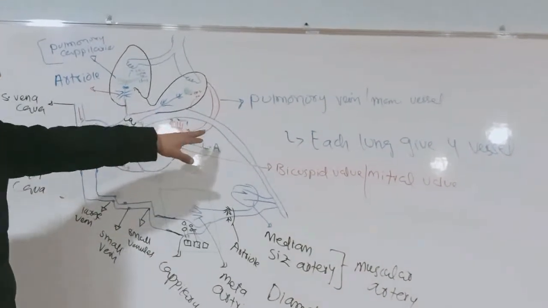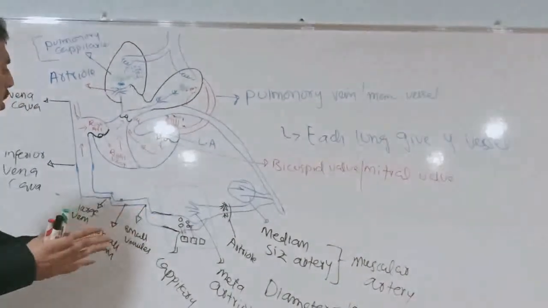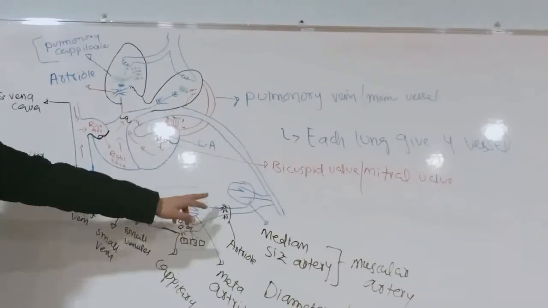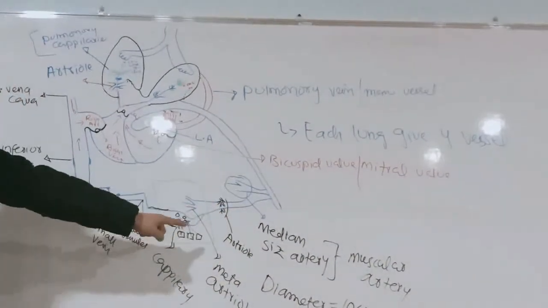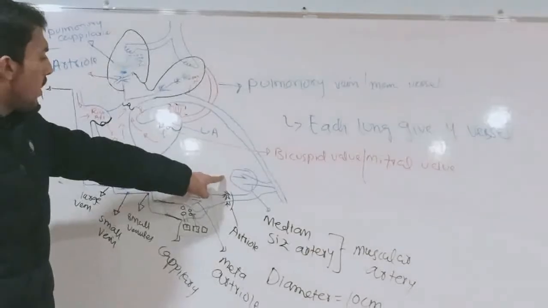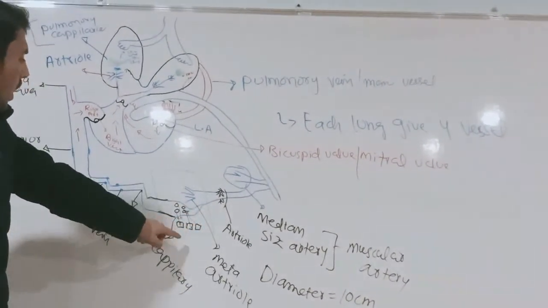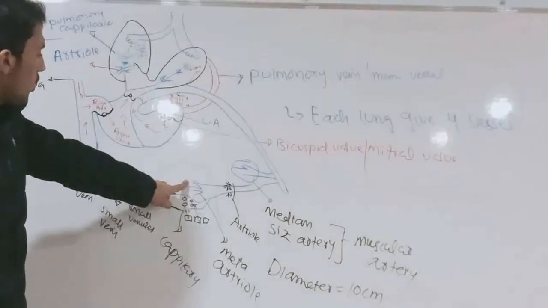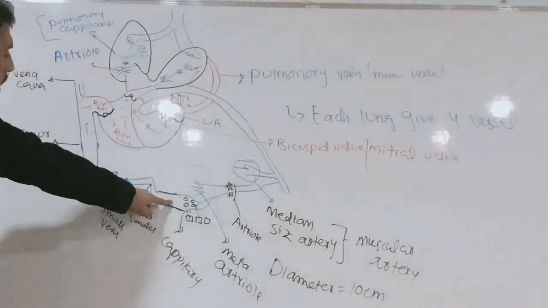Now naturally the aorta will rise and become narrow. It gives medium size arteries, which are called muscular arteries, and these divide into arterioles, and arterioles divide into meta-arterioles in the tissue, and meta-arterioles give rise to capillaries.